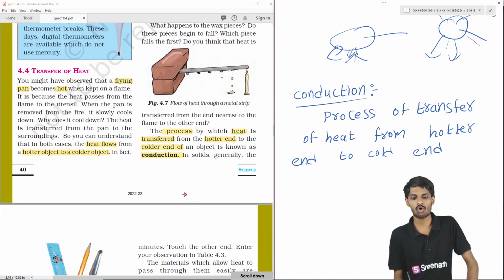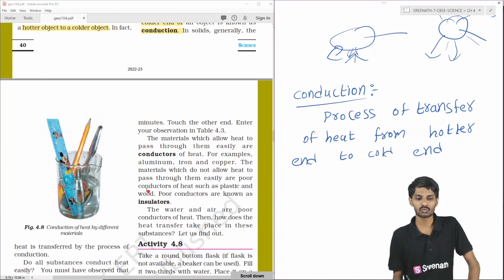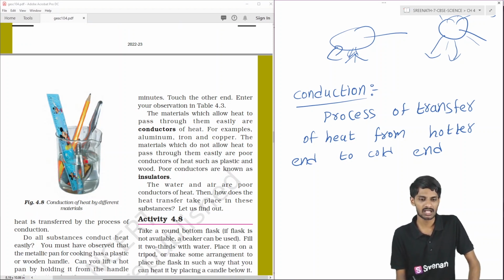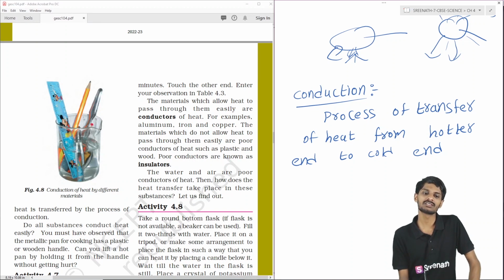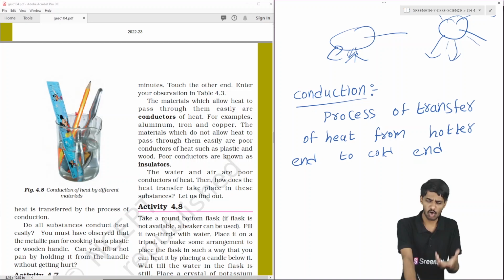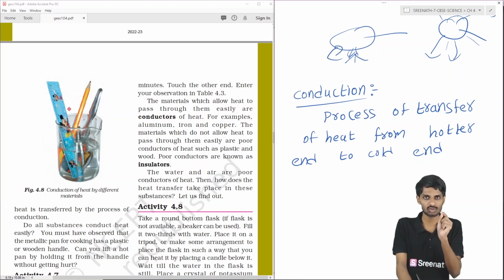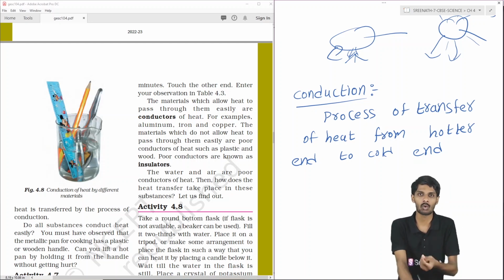This is in solids. Suppose we take a beaker and put hot water in it, and we put some things we have around it. Just touch each thing, what will you observe? Some objects will feel hot, some will feel cold. Why?